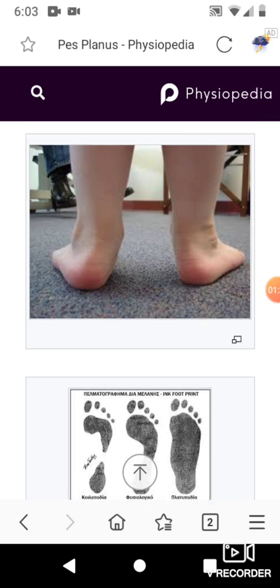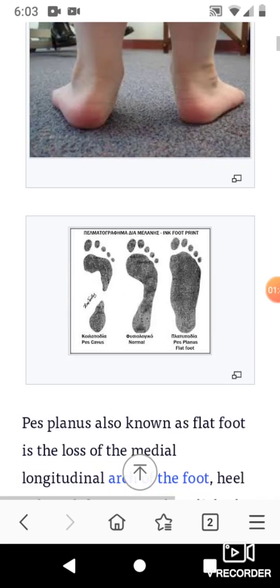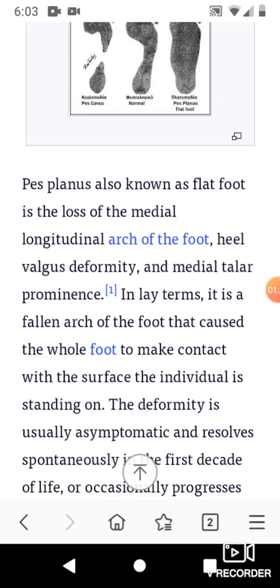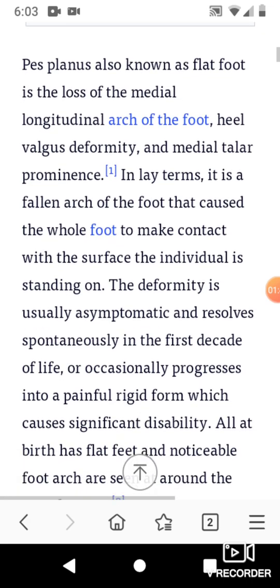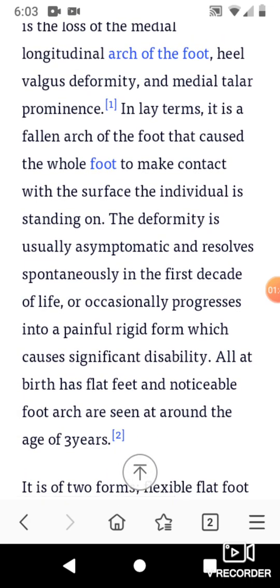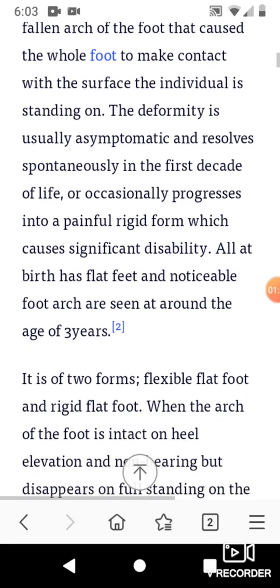See in the front image, the feet are pronated, the calcaneus is in the valgus position. So this is a cause of the flat foot, and it is sometimes asymptomatic and resolves on its own.